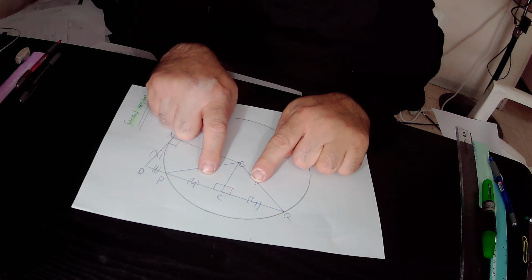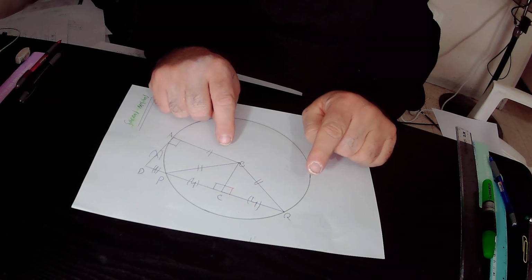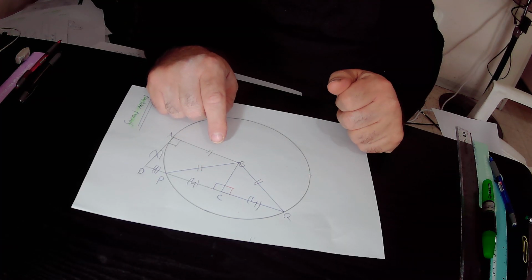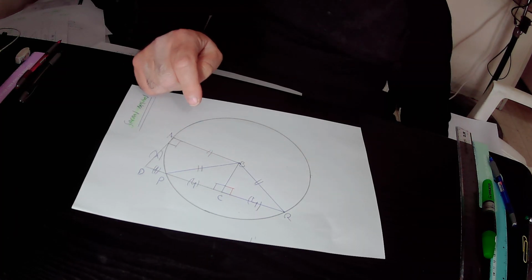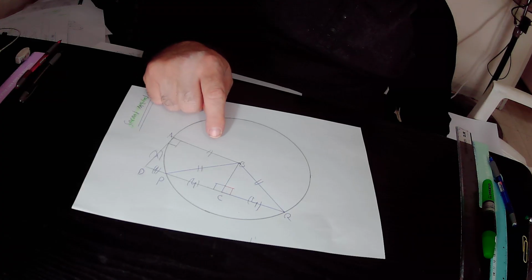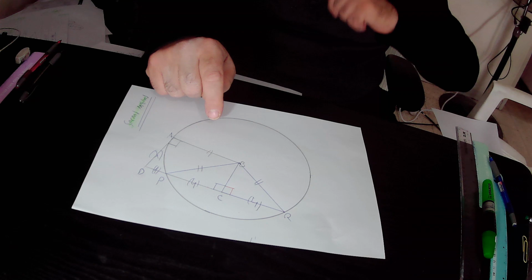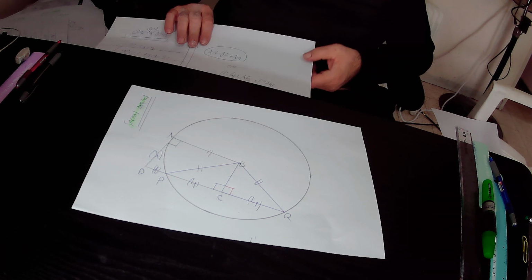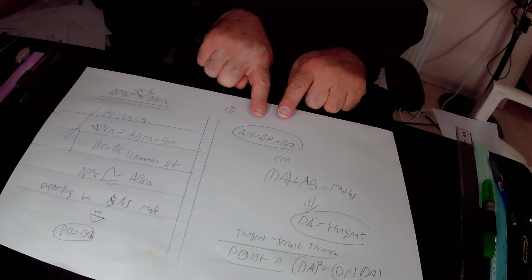Those two right triangles are congruent, and therefore their corresponding sides, that is PB and BQ, must also be equal in length. So PB equals BQ. But according to the question, AB equals PB. Therefore, all those three sides are equal in length. So we found that AB equals BP equals BQ.